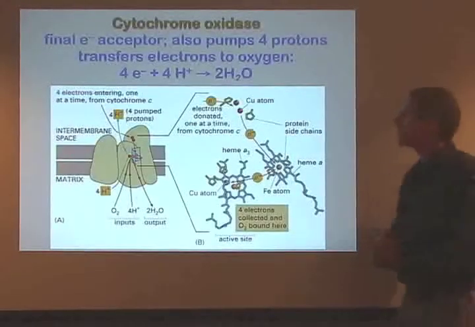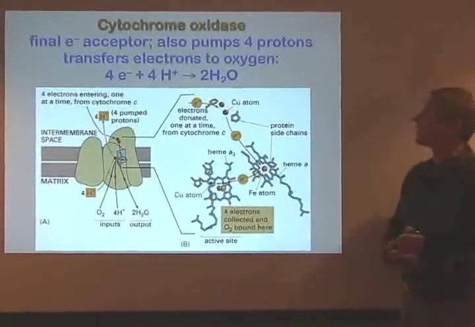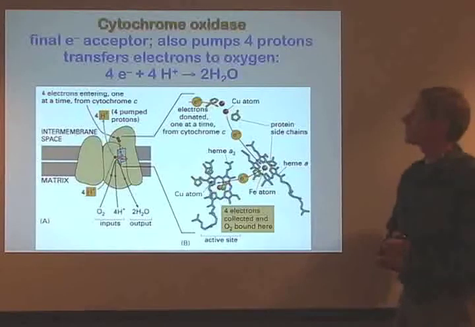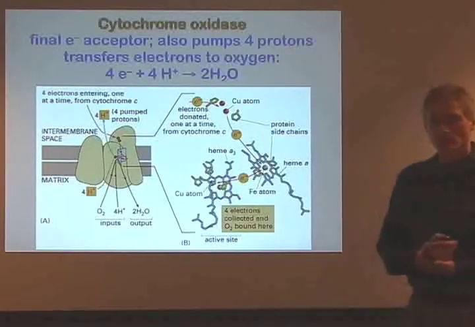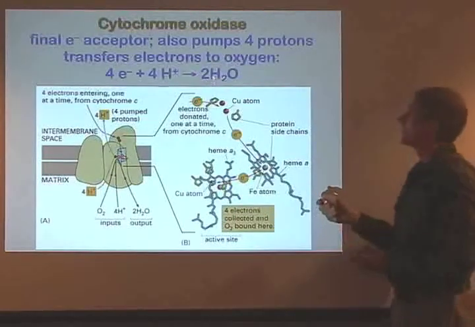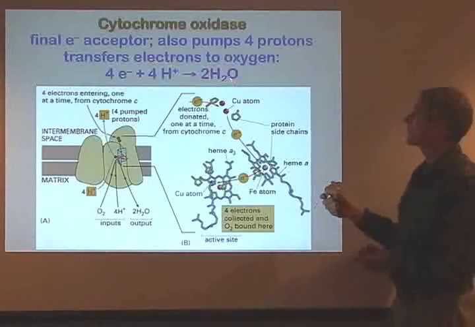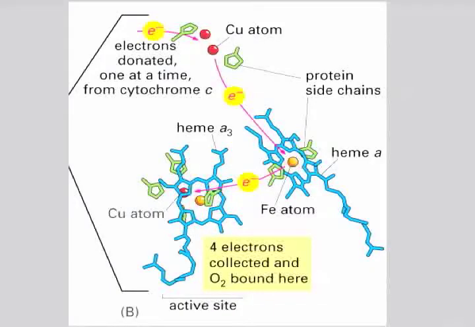And then finally, cytochrome oxidase is an amazing enzyme. It's the final electron acceptor. It also pumps 4 protons, and it transfers the electrons to oxygen to form water. So the structure of this has been worked out.